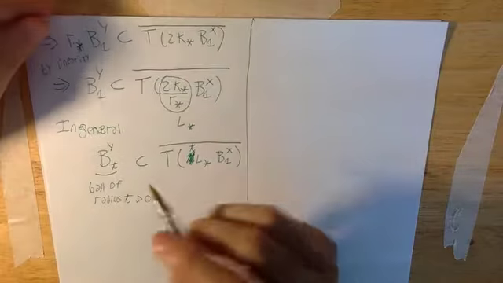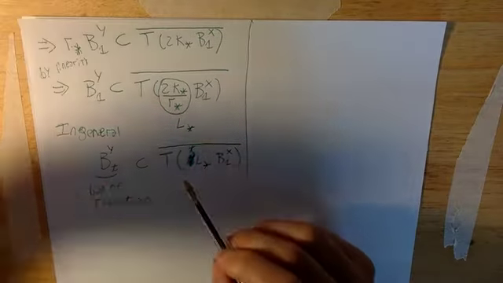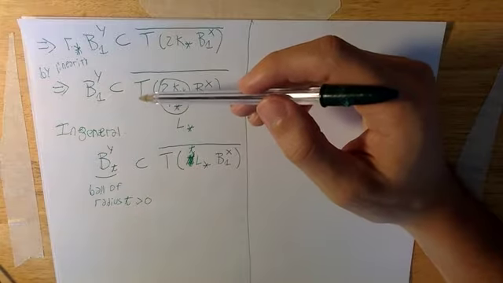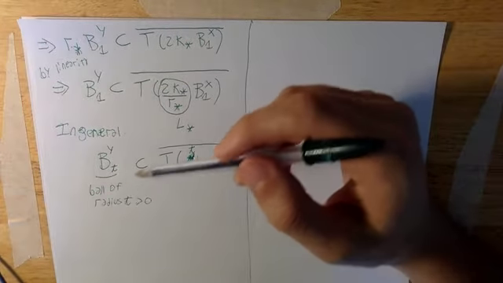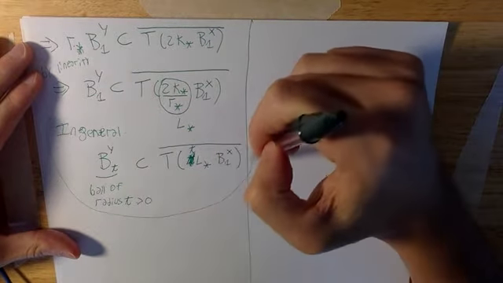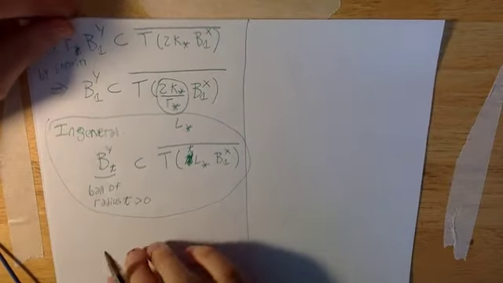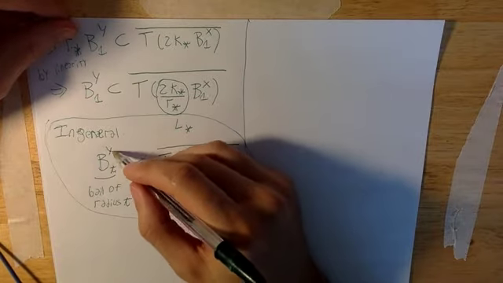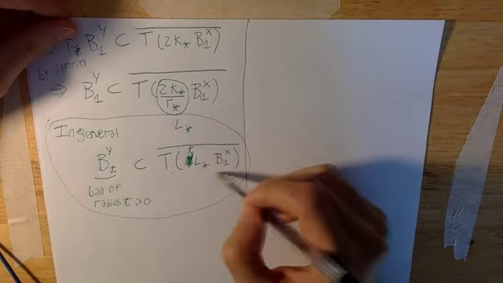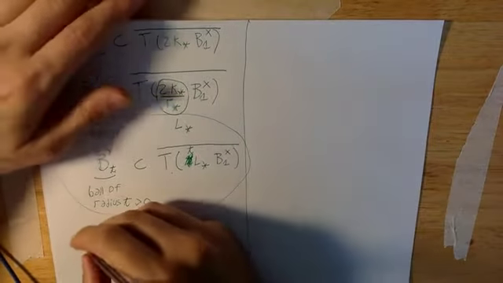So let's rewrite this in a different way. What we want to show is something a little bit different, so let's see what this means. What we're saying is every element in B_t of y is contained in the closure of t L star B1 of x. Okay, so what does this imply?